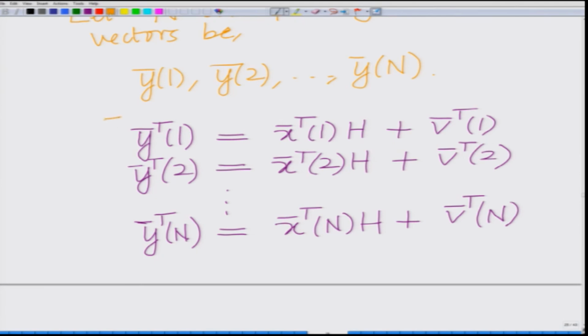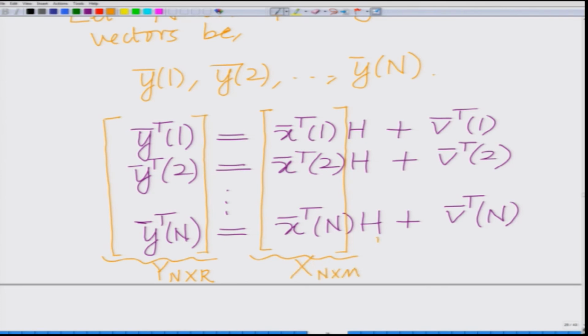Now I can stack all these as a matrix. This is your matrix Y, which has n rows, each of size r, so this is n cross r. x bar transpose 1, x bar transpose 2 up to x bar transpose n is your pilot matrix, which is n cross m, times the MIMO channel matrix, which is m cross r, and we can stack the noise vectors as n rows, each row of dimension r.